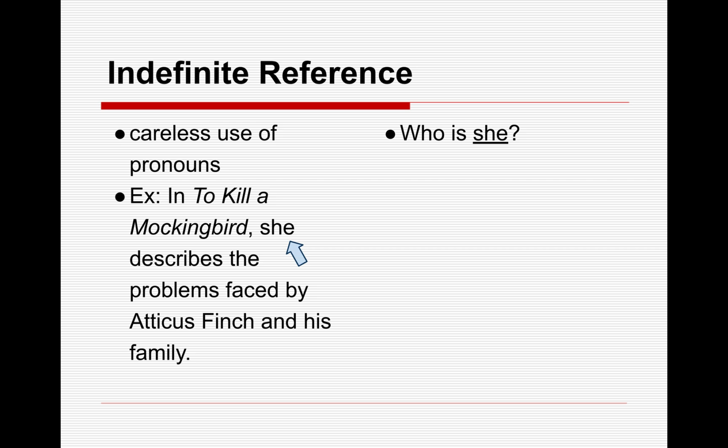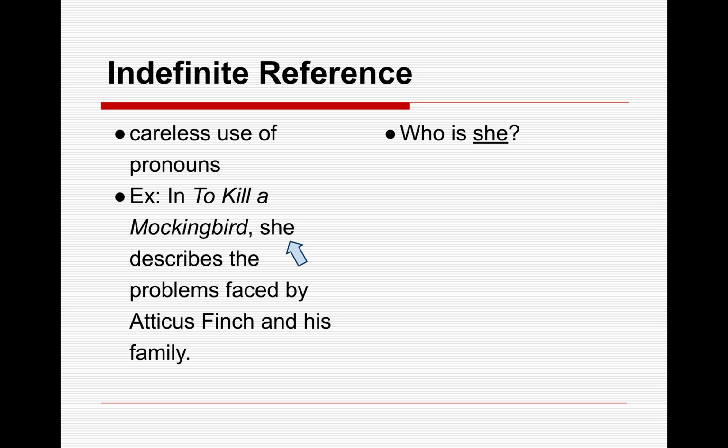But the word she, you can look back through this slideshow and you're not going to find who it's talking about. Okay? Indefinitely, you can refer back and you will not find it. Okay? Atticus Finch, for his, the noun before a pronoun, the word for that is called antecedent. Okay? And you don't need to memorize that, but you just need to know there needs to be one. There needs to be an antecedent before you can have a pronoun.